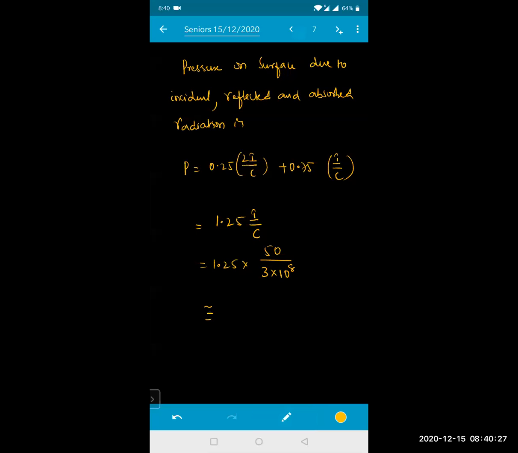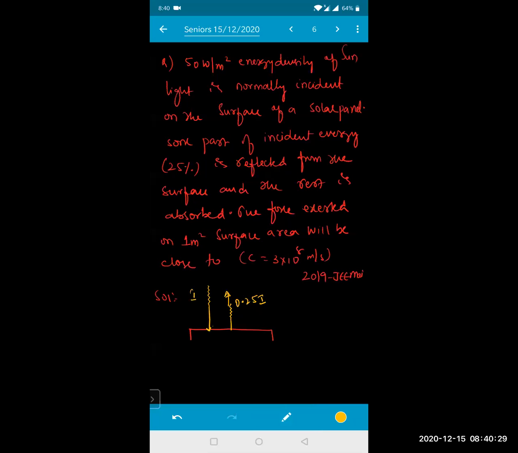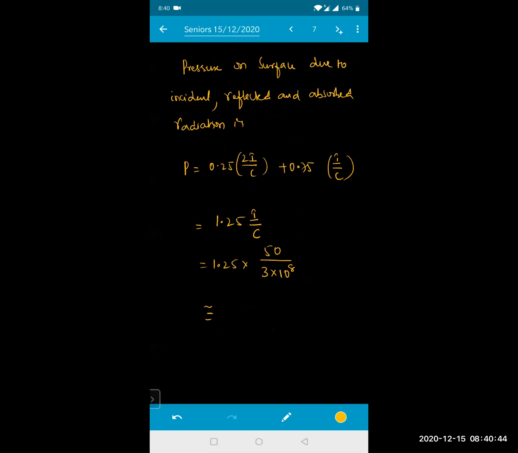So that's what it is asking. The force exerted on 1 meter square surface area, that is force per unit area. So what is the force per unit area? Pressure only. So the force exerted on 1 meter square surface area will be close to how much is asked. So pressure is equal to force by area. So that's what you have in the given condition.